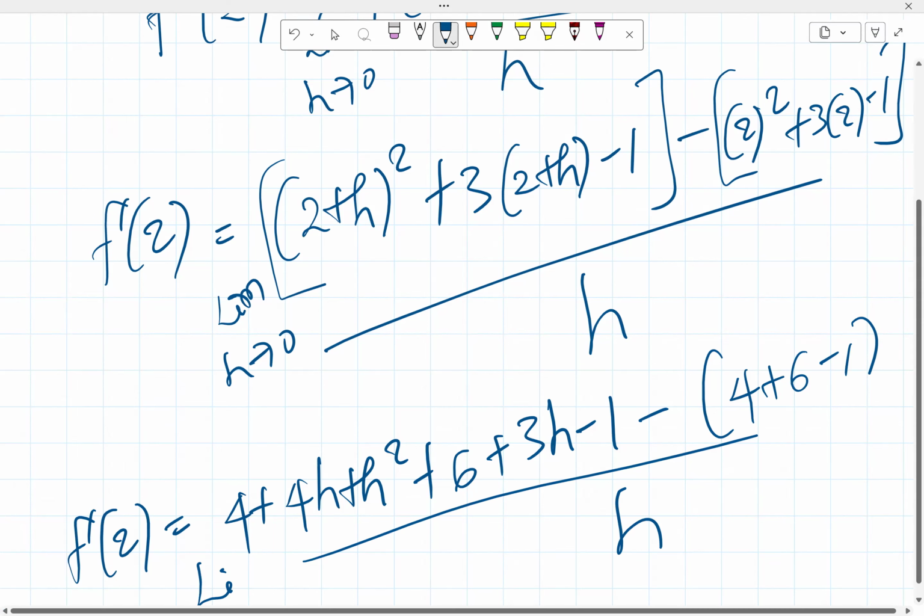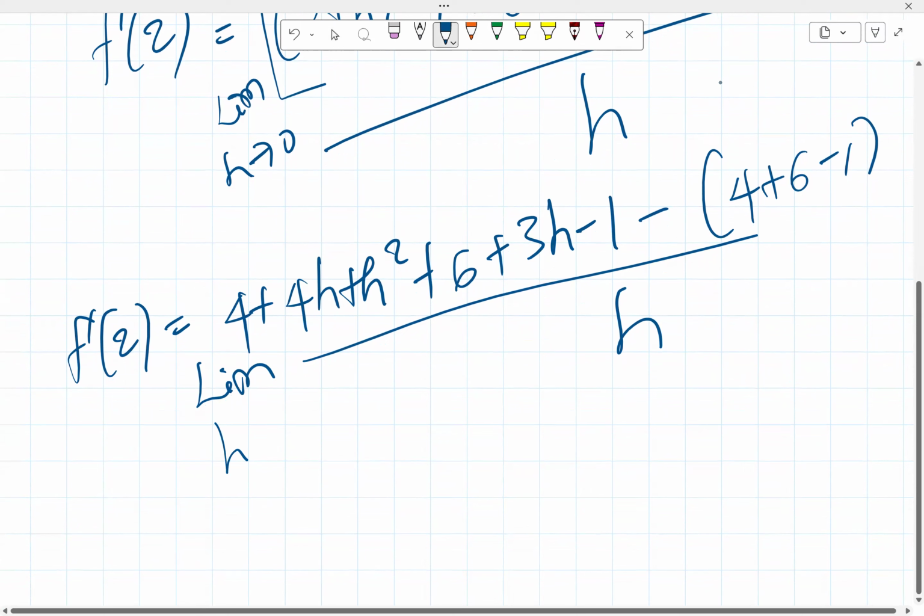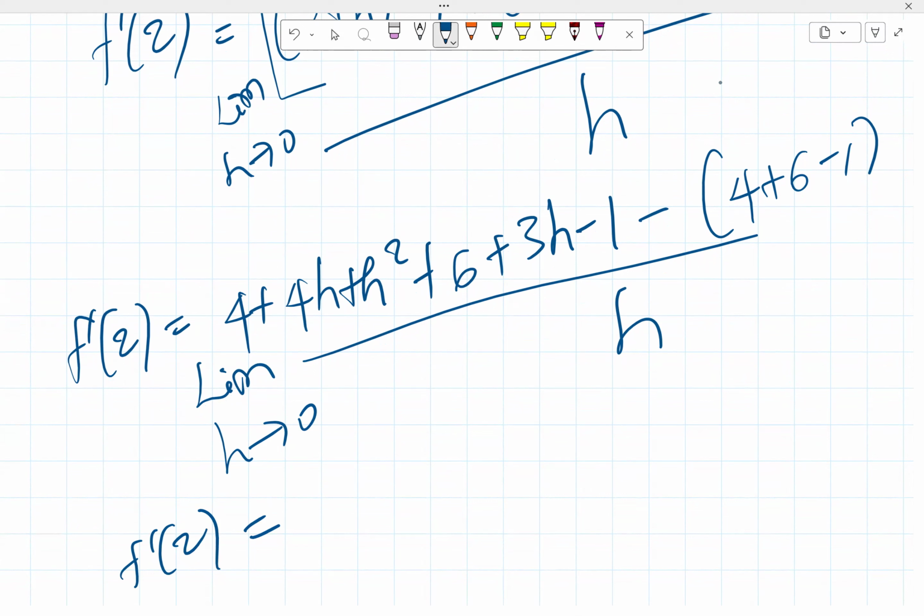Limit as h approaches 0. So we have f prime of 2 going further to be 4 plus 6, that's 10, minus 1, that's 9. Okay, this is 9 right there.